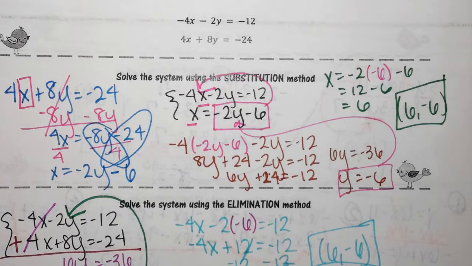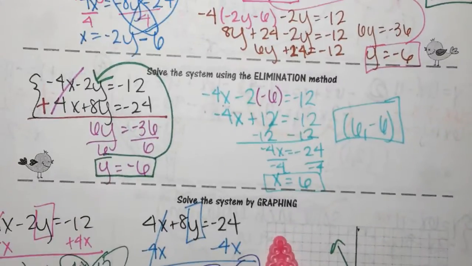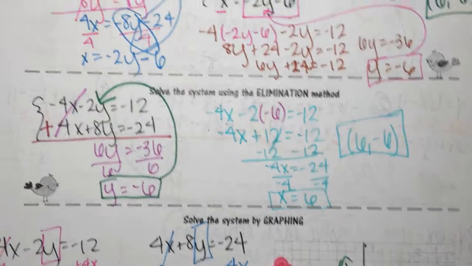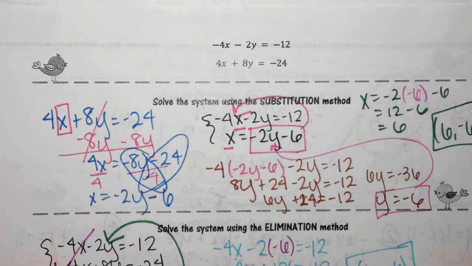We have three methods: substitution, elimination, graphing. What method did we use first to solve this? Elimination. Why did we use elimination first, y'all? You gotta eliminate. All the variables are lined up. They're lined up on top of each other, so we used elimination.